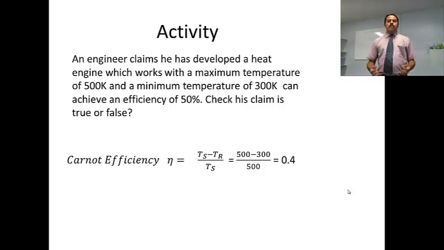So the Carnot efficiency we calculated is 40%, but the engineer's claim is that the efficiency of this engine is 50%, which is more than the Carnot efficiency, which is impossible to achieve. So this claim is false.